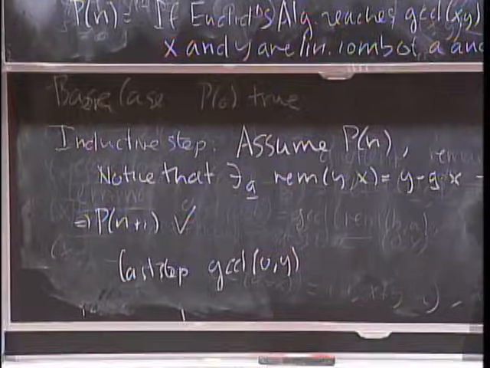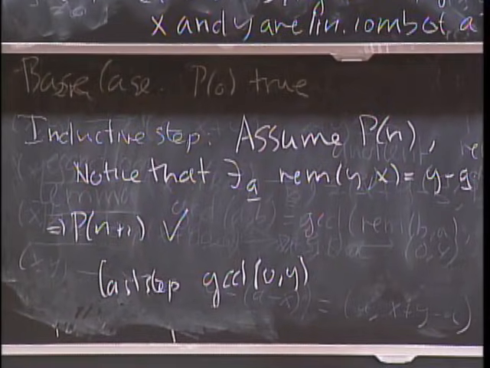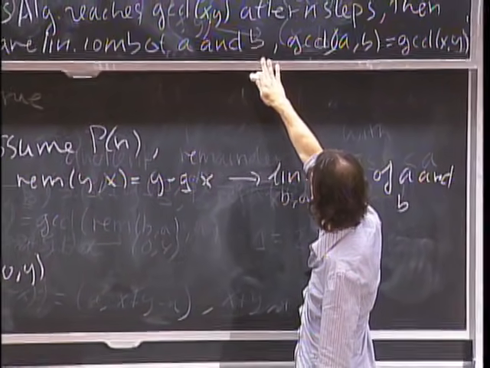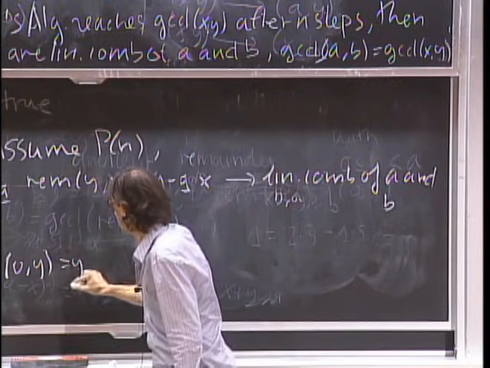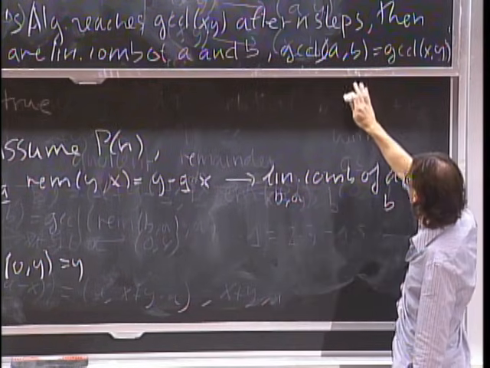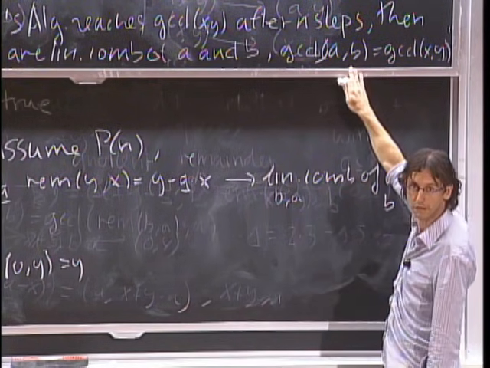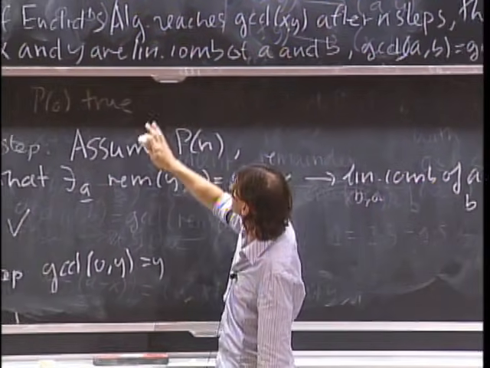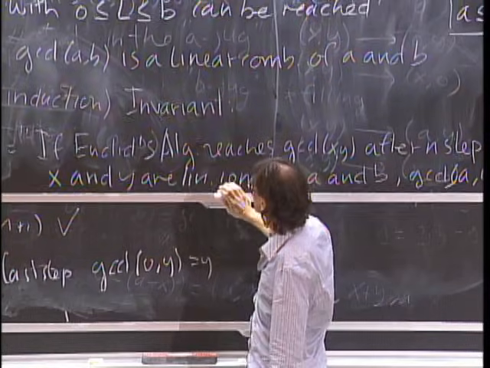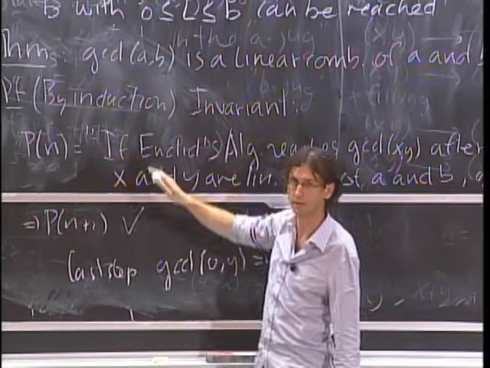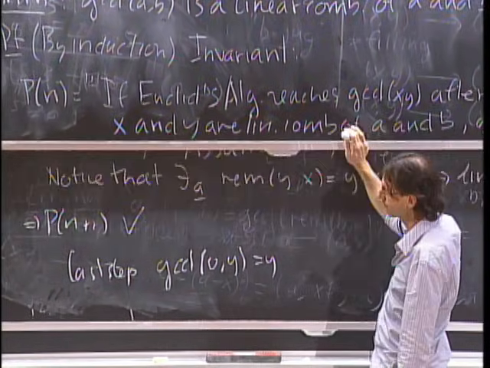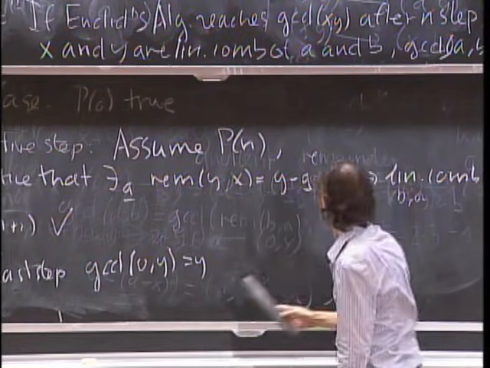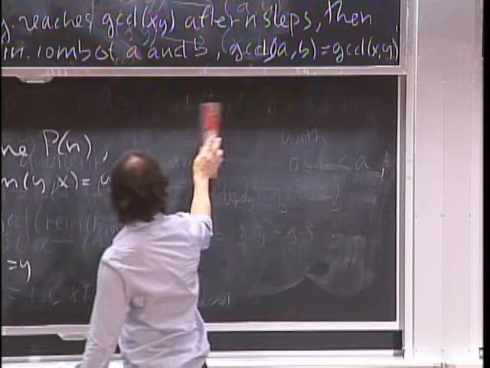We now use our predicate over here and say that y is a linear combination of a and b, but the greatest common divisor of 0, y is also equal to the original greatest common divisor that we want to characterize. So now we have proved the theorem that says that the greatest common divisor of a and b is actually a linear combination.